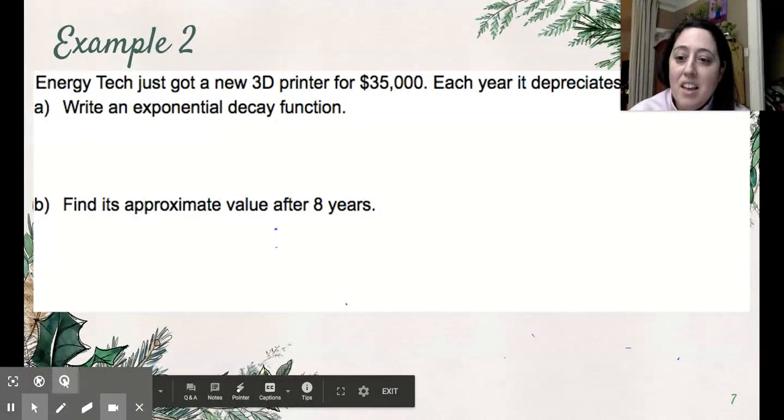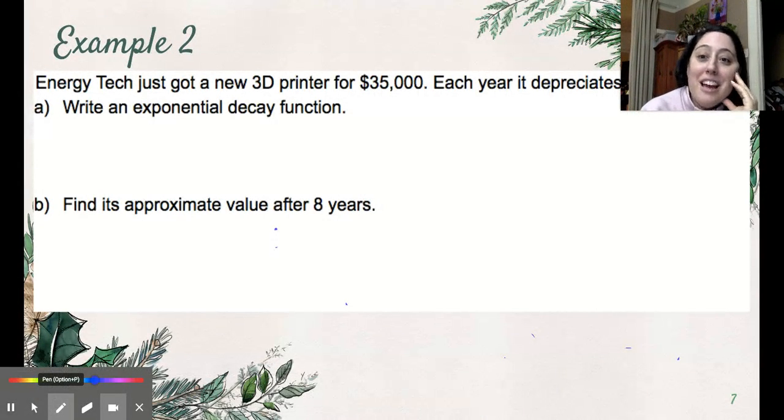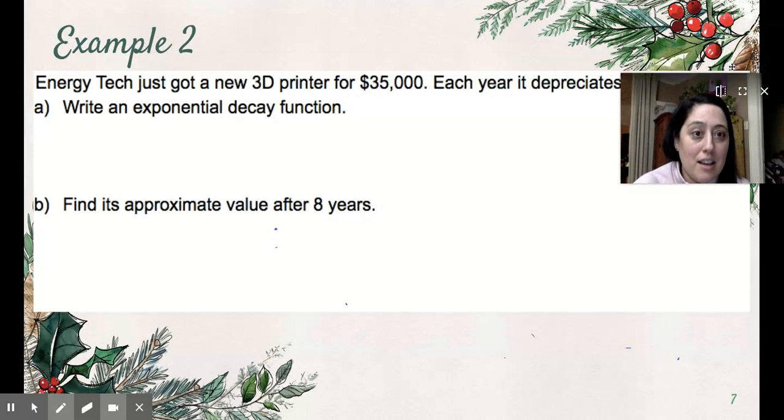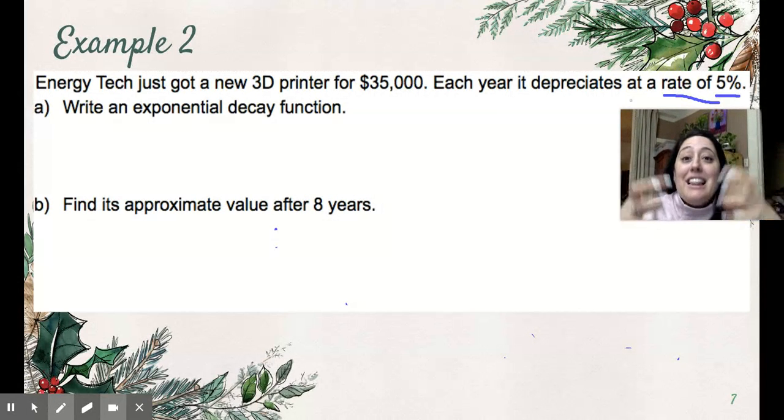All right, so cool. In this problem, Energy Tech just got a new 3D printer for $35,000. Each year it depreciates, let's see, at a rate of 5%. All right, so it depreciates, and depreciates, excuse me, is a key word for getting less, for the value going down.